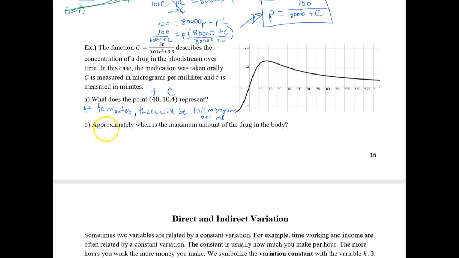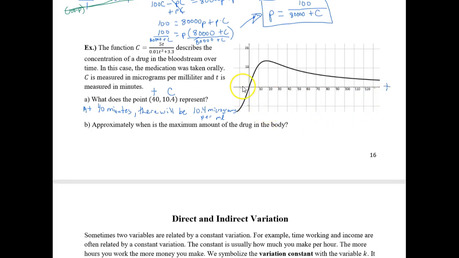And part B here says approximately when is the maximum amount of the drug in the body. So that means the maximum, we want the highest point, so somewhere around here. And remember, the x-axis is our input, the y-axis is our output. So again, this x-axis was the input, it's going to represent the time.